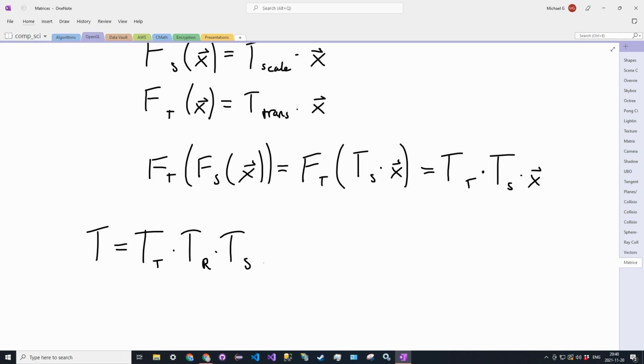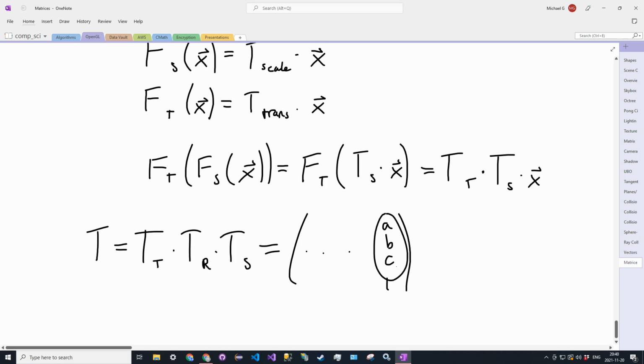But the interesting thing is, I don't really care what we get on the left-hand side, but the right-hand side will just be the A, B, C, 1. The A, B, C is from our translation, and the 1 just has to stay there. That 1 has to be there always. What we'll also find is that the bottom row is a bunch of zeros, which is also pretty cool. If you do the multiplication out, you should find that the bottom row is all zeros, the bottom right is a 1, and the right column is A, B, C as your translation factors.